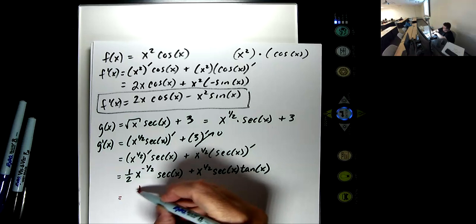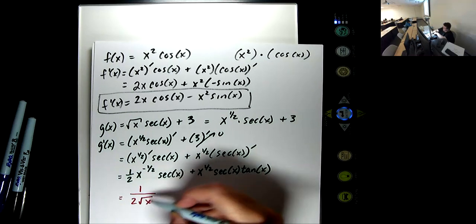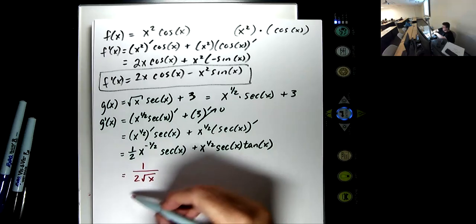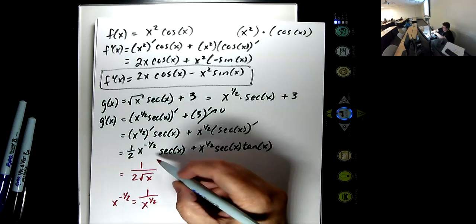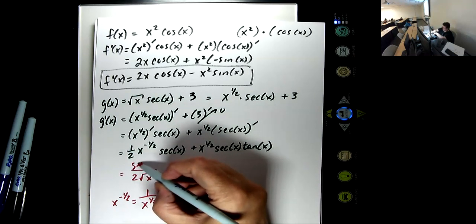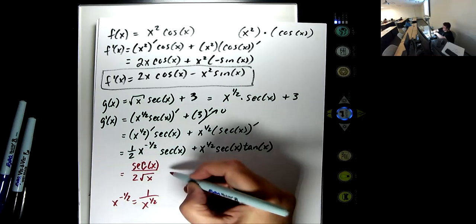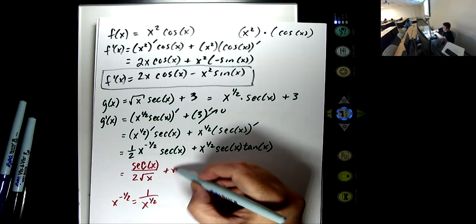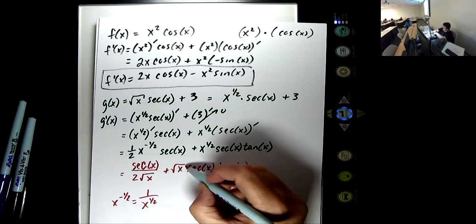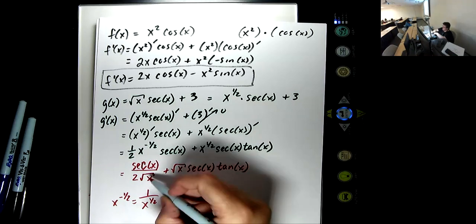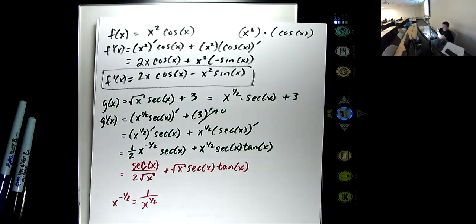I'm going to turn this into 1 over 2 root x, because x to the negative 1/2 is the same thing as 1 over x to the 1/2. I could put secant x on top, I don't need parentheses there. And here I could just have square root of x, secant x, tangent x. I would probably leave it there. I don't think getting a common denominator helps with anything.